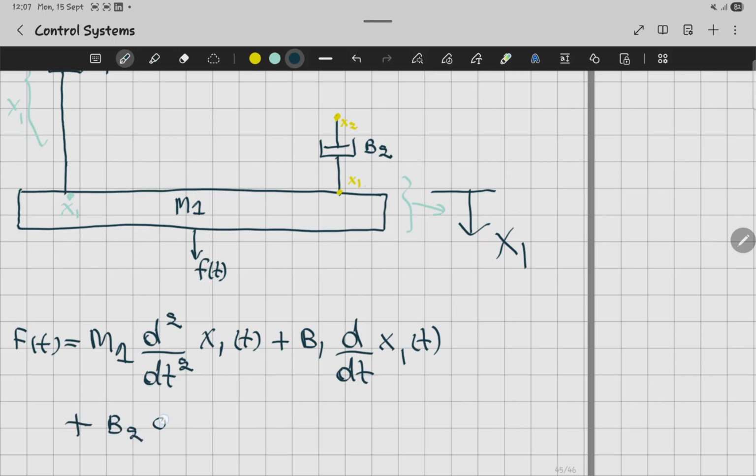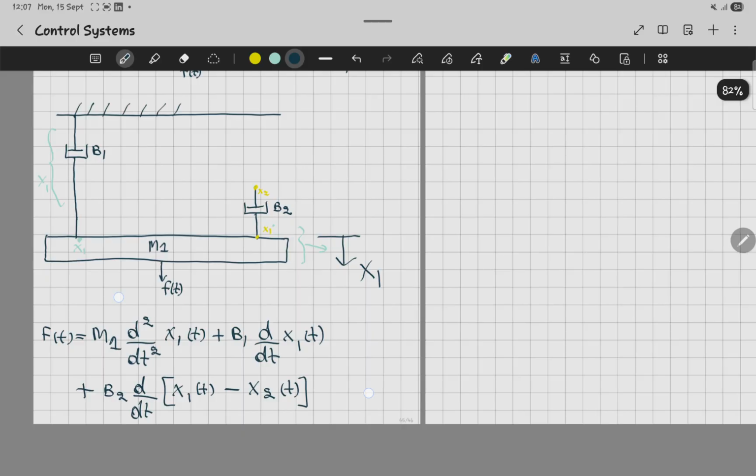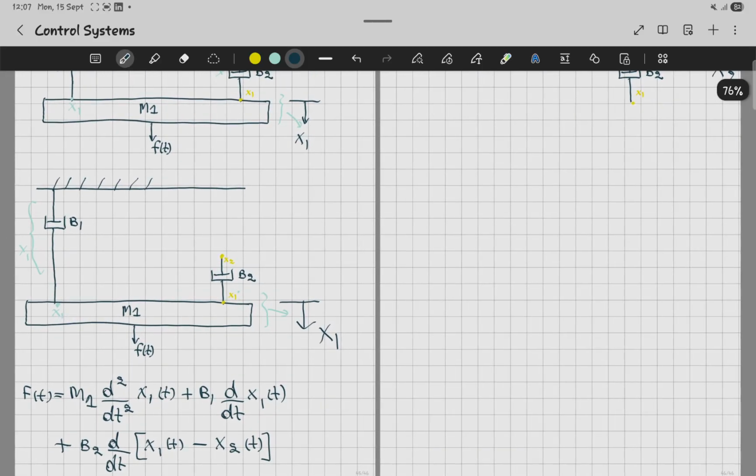Here there will be a change. You take the one close to the mass, the one with the higher priority, so it's going to be x1 minus x2. I like keeping the t inside, so you can see minus x2 of t. This is what you get from the first equation.